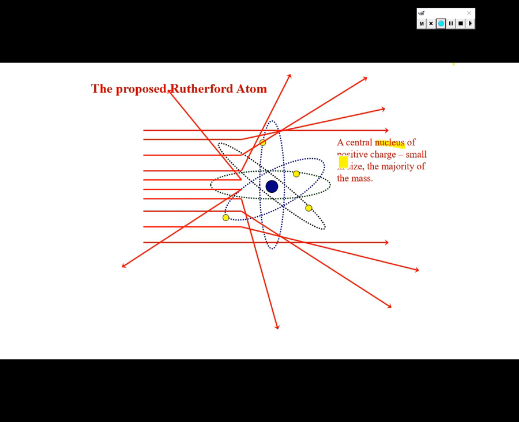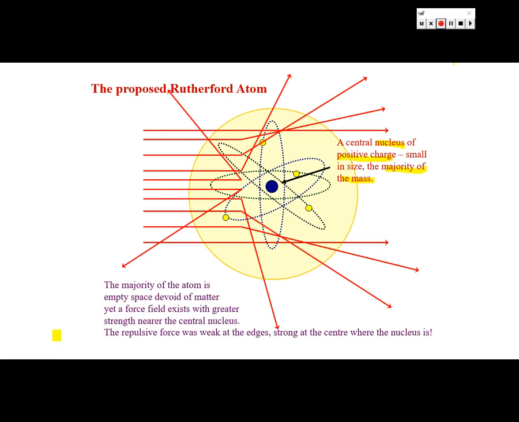And he said that's where the positive charge was, which is the majority of the mass of the atom. We still use this idea today, right? We put the protons and neutrons inside the nucleus.